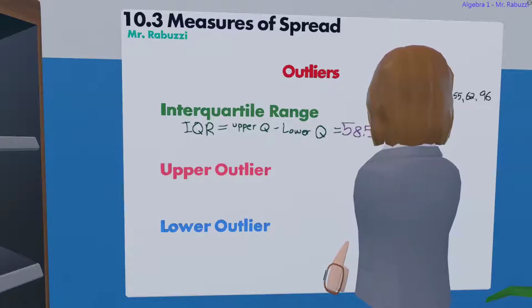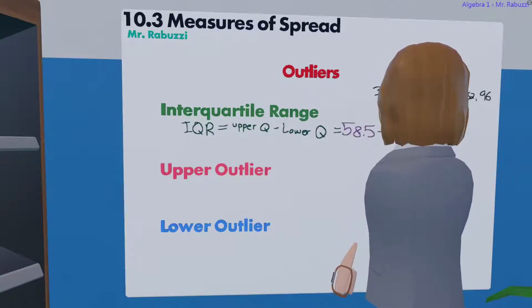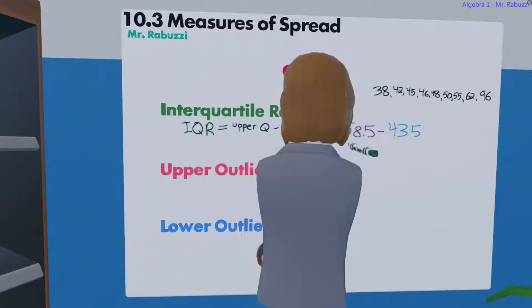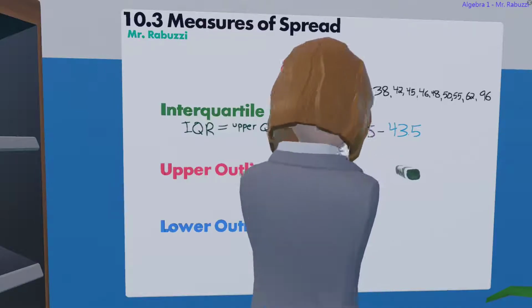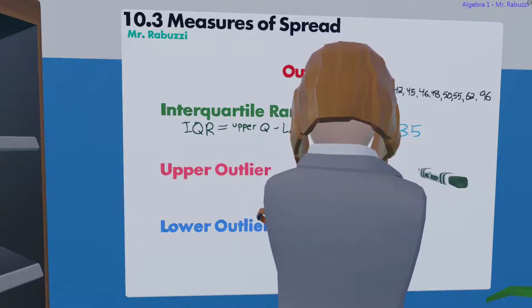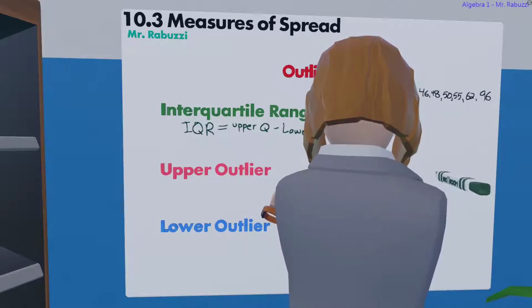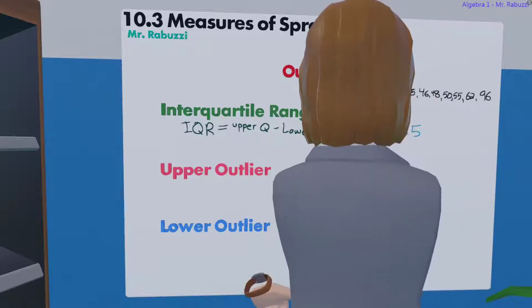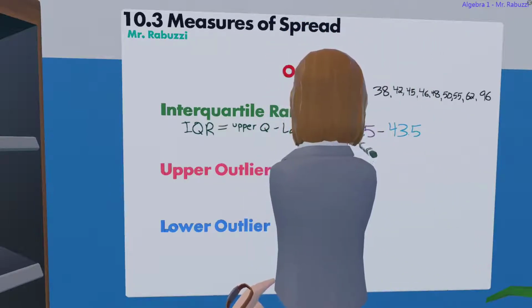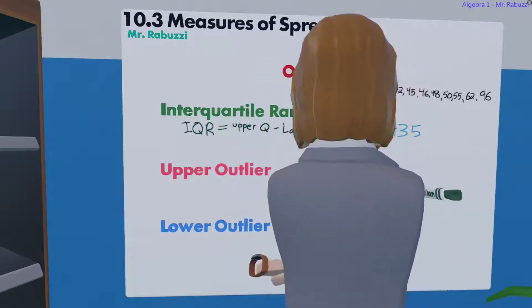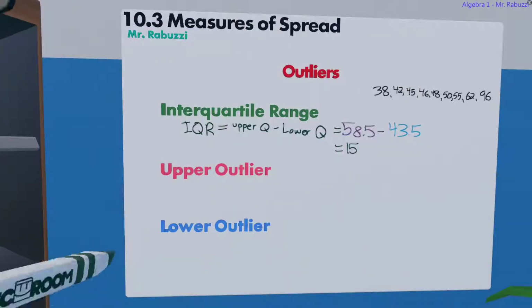43.5. Okay. Which equals, so our interquartile range is going to be 15, right? Yeah, it's 15. That's step one.